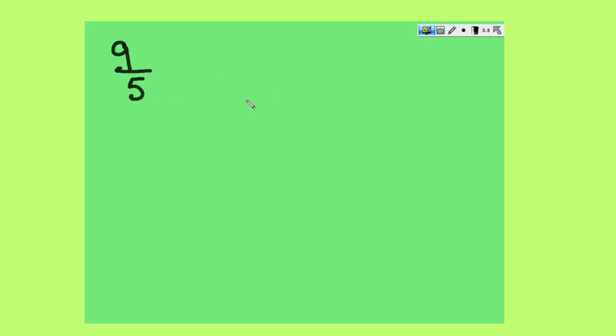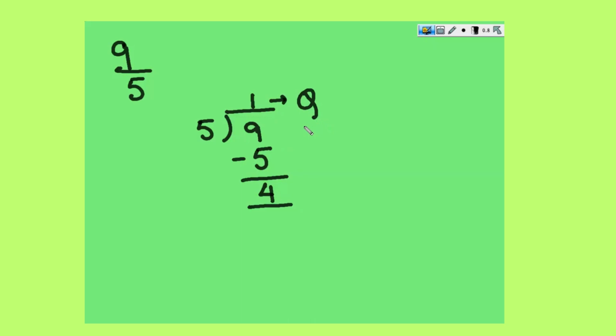So what do we do? We simply divide it. 5 ones are 5 and 4 is the remainder. So this 1 is the quotient, this is the remainder, and this is the divisor.